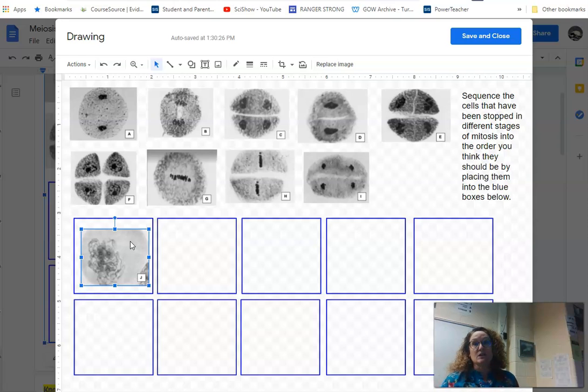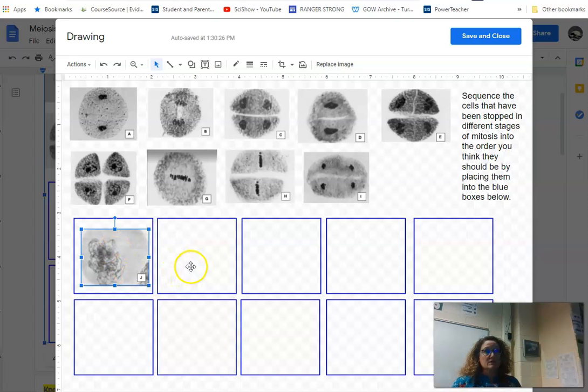What's the first thing that's going to happen with this one cell? If you think about what happens with mitosis, you're going to find the next picture that you think would go here, all right? And then do the next one and the next one and the next one. It's going to divide twice, so you're going to go from 1 to 4.